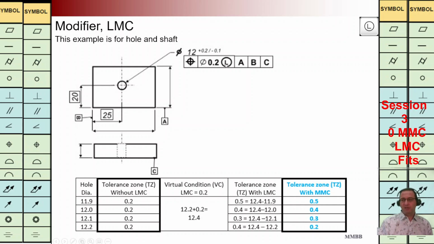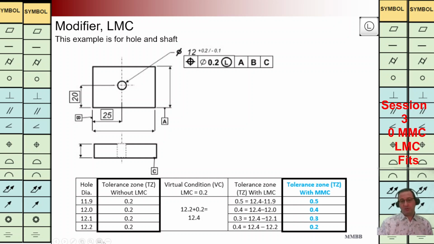When we have a least material condition L, we are going to calculate what the virtual condition is. We should have the least material exist on the component. It means we are going to have the largest hole, and for this one 12.2 plus 0.2, we have 12.4.